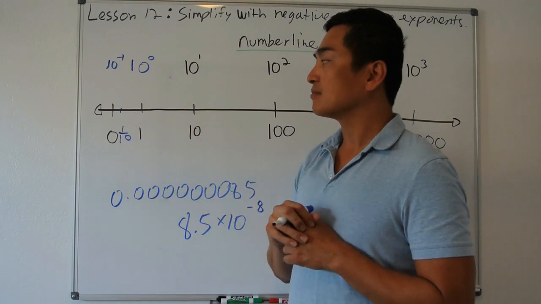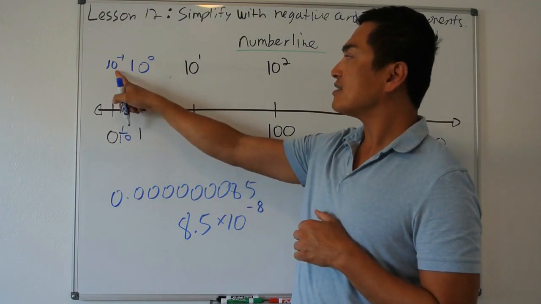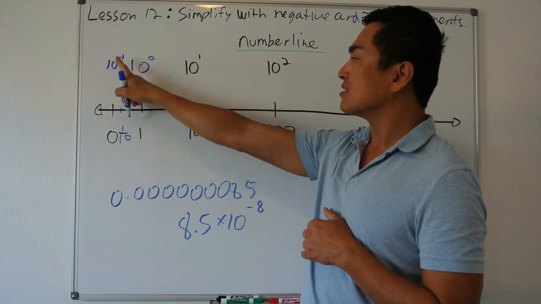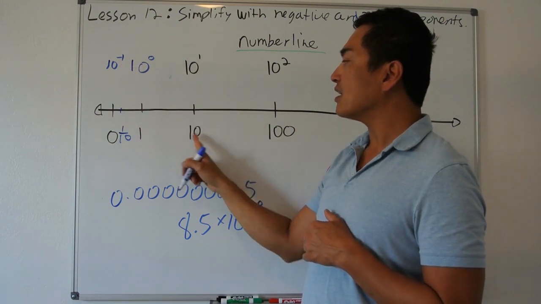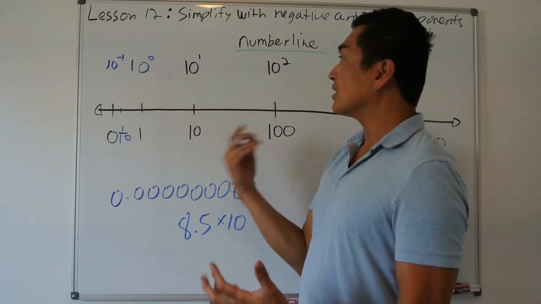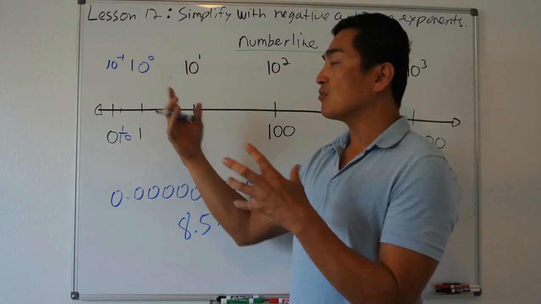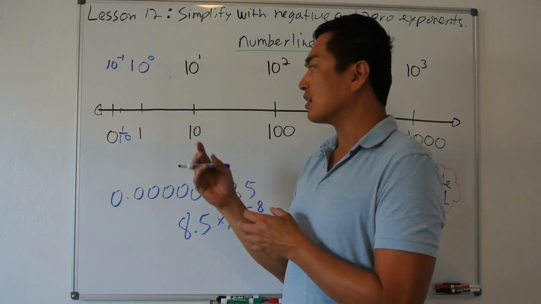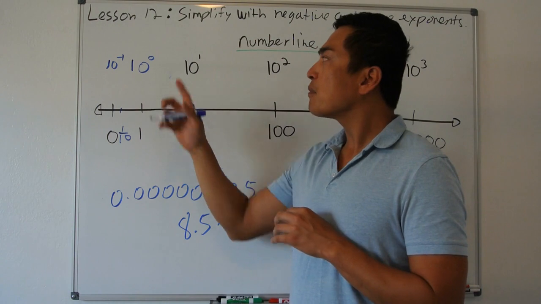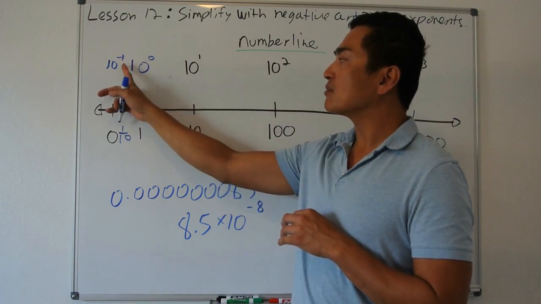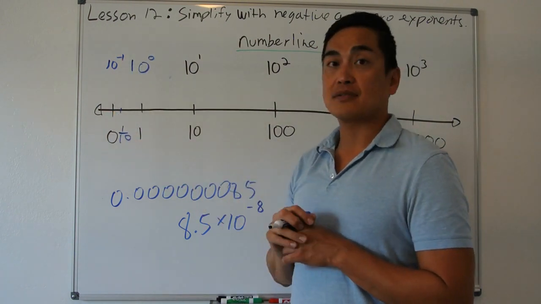Since it's a negative exponent, it's not 10, it's 1 over 10. So a negative exponent just makes a number really, really small. It can also make a number very large, but we're not going to do that. We're going to focus on making a negative exponent into a fraction.